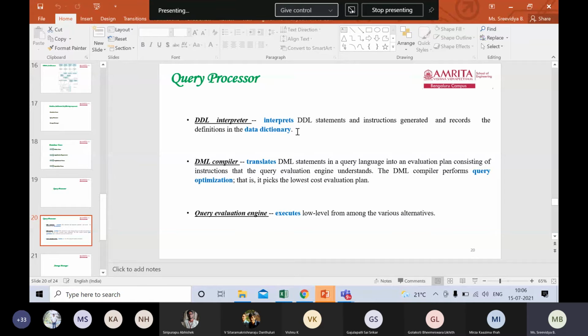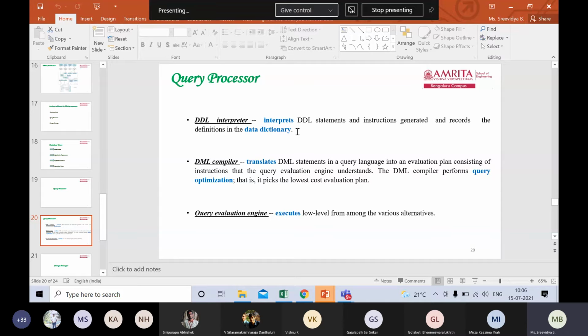I'm talking about the table name, the number of columns that I have, and the properties associated with each column, starting from the name of the column, what kind of data type it is associated with, how many characters, or what is the allowable value associated with it, whether it is associated with any kind of key attributes, or any other constraints.